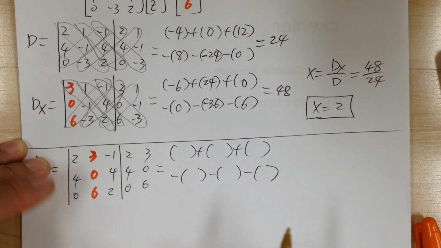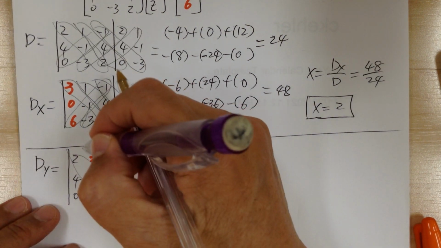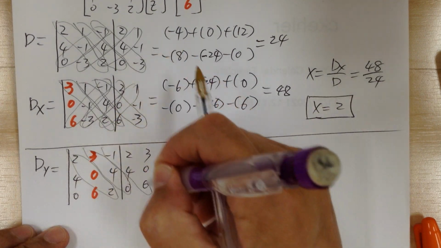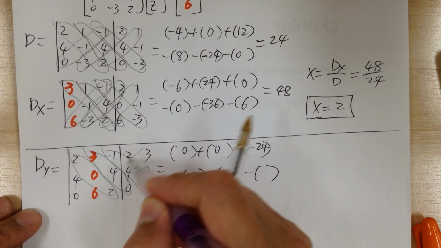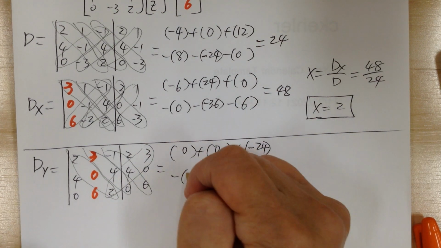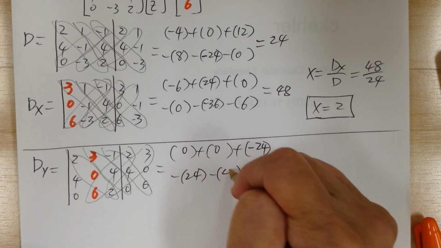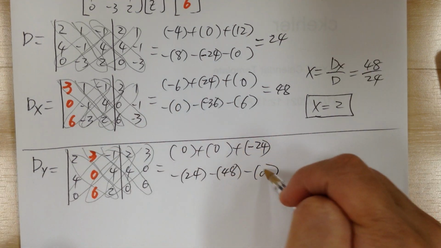So let's do the diagonals. So that's one equal to 0, 0, minus 24. The opposite direction be 24. This one 48, and the next one equal to 0.